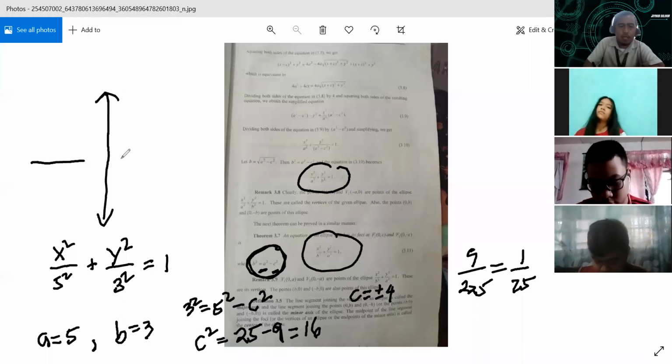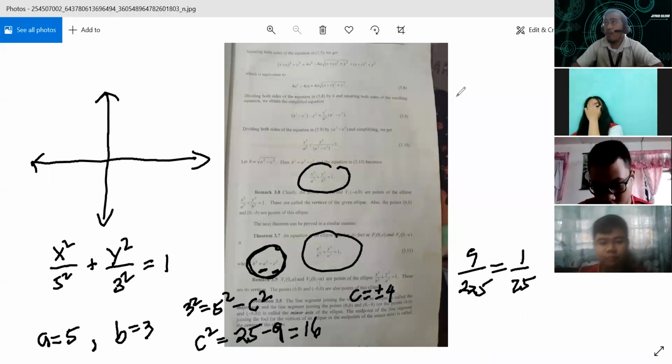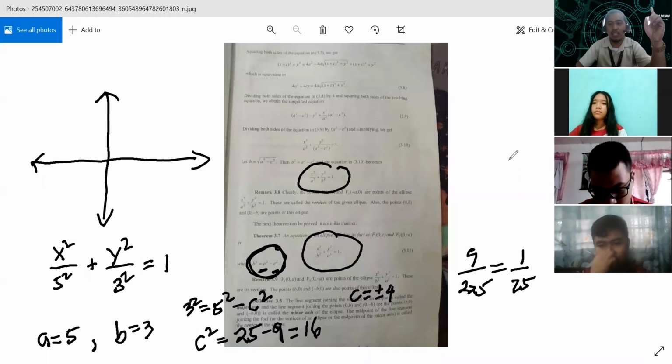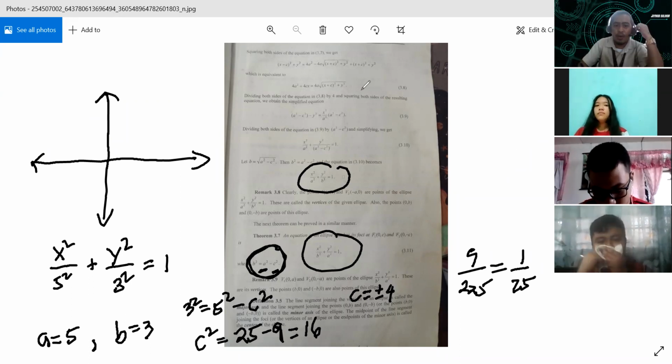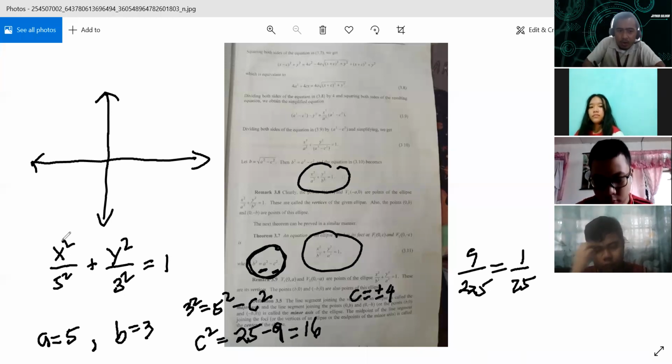By the way, the important thing in the ellipse, class, is you will know your vertices and your extremities. Because if you know the vertices and extremities, then you can sketch the graph of your ellipse. Look, your a is 5, positive 5. And that is along x, right?